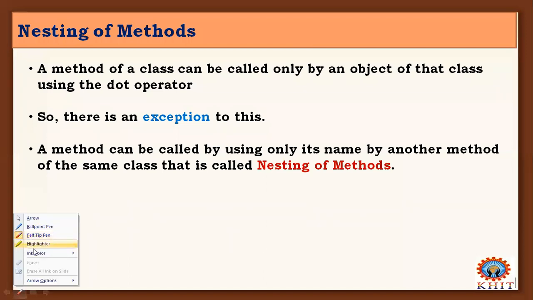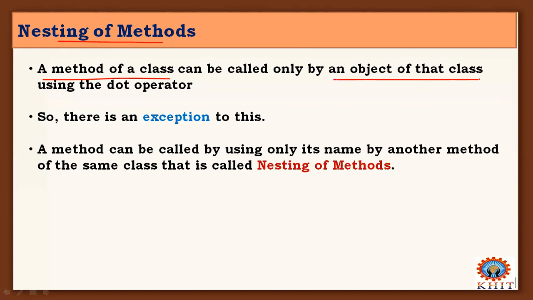Coming to the next topic, nesting of methods. Nesting of methods means one method calling another method in the process of execution. A method of a class can be called by an object of that class using the dot operator, and we already know this process.